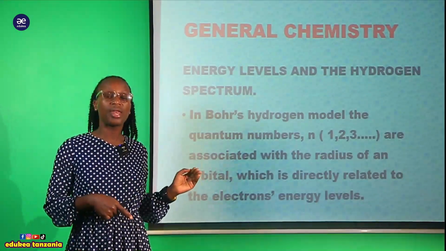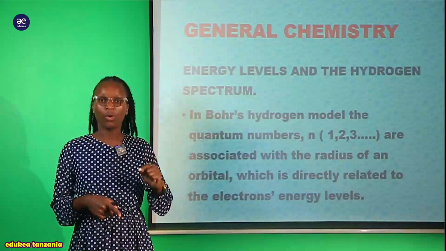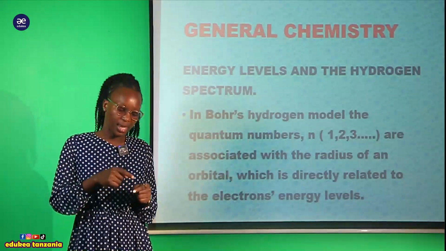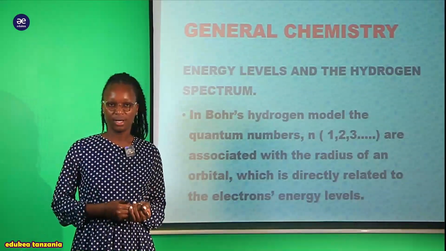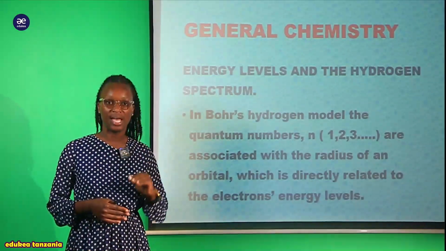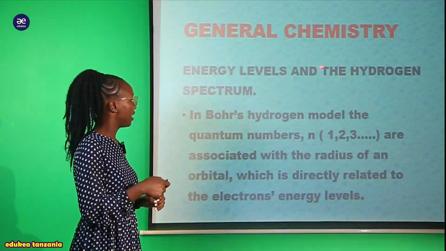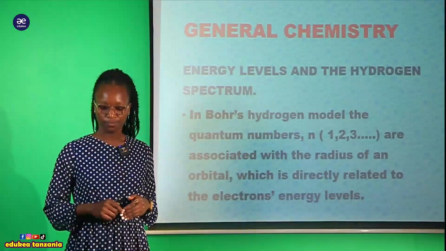That's why we come with this concept of energy levels. We must have the distance, to know that for the electron to move from the ground state, N1, to N2, N3, N4, whatever. So we must have the concept of energy levels, and this concept of the hydrogen spectrum.